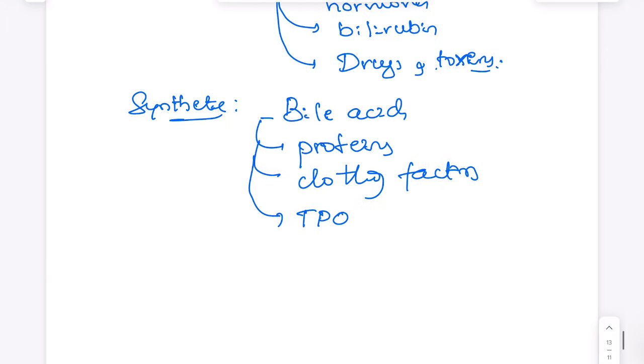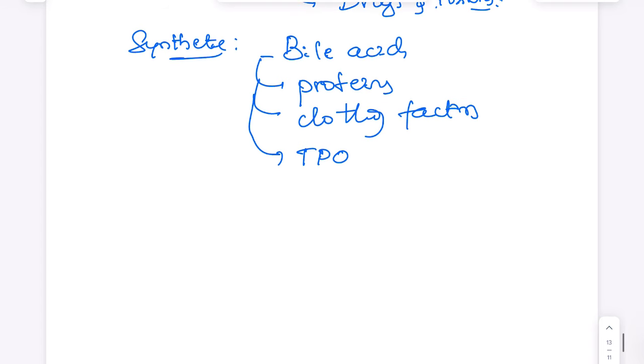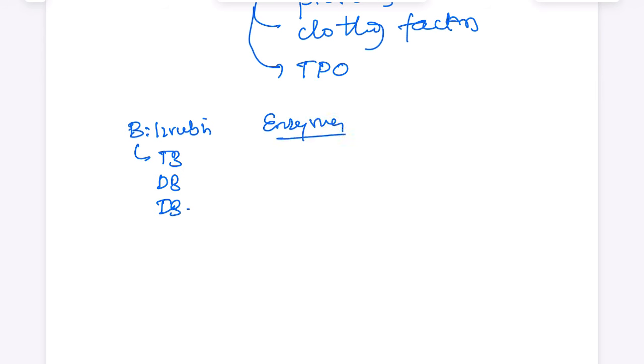So let's discuss one by one. Whenever you are going to interpret LFT, you should know what parameters are present in the LFT. They include bilirubin: total bilirubin, direct bilirubin, and total minus direct results in indirect bilirubin levels. About enzymes, the liver enzymes present in the LFT include AST, ALT, ALP, GGT, and 5-nucleotidase.